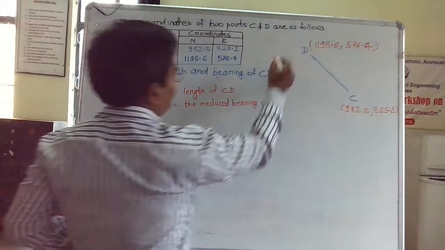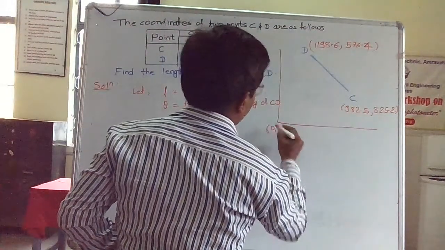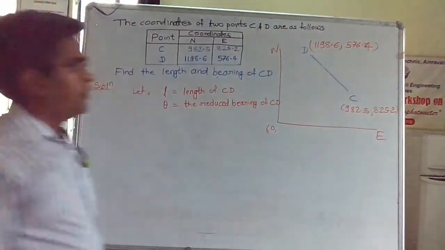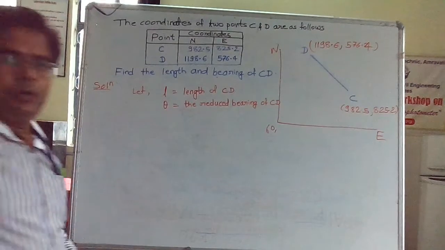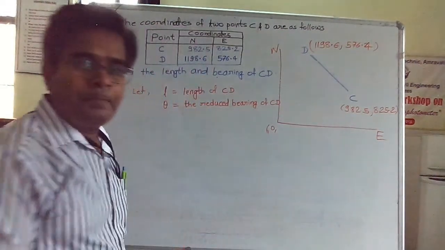Here there will be 0, north and east. So how can we get the latitude of a line?